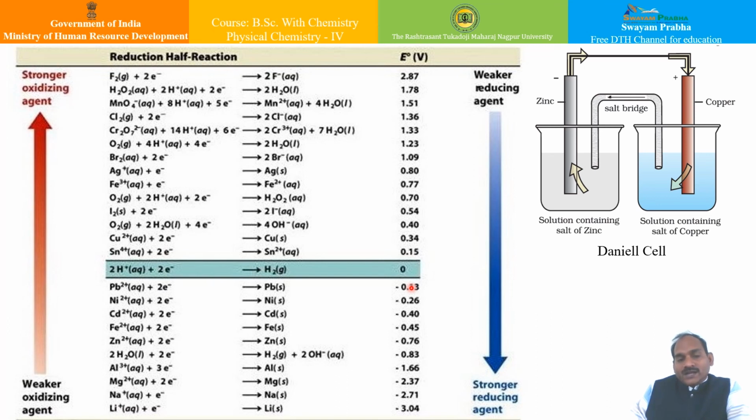And there are many more questions which can be answered based on this particular electrochemical series. Okay, so we will see the further applications of this knowledge of the electrochemical series further in this lecture.